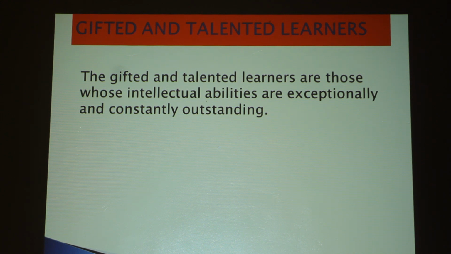Then we have the second group, where we all want to belong, gifted, talented learners. The gifted, talented learners are those whose intellectual capabilities are exceptionally good. They learn with ease. You teach them once and they master the skill. You teach them once and they get the knowledge. They understand very quickly. That is the gifted learner.